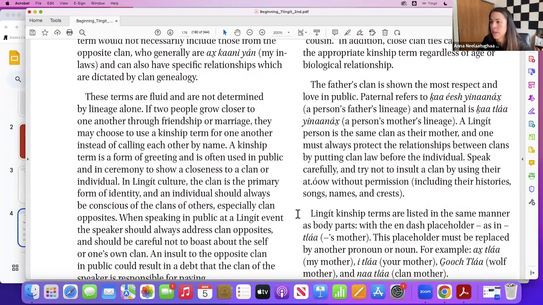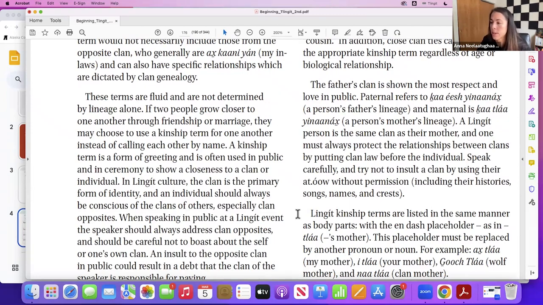These terms are fluid and are not determined by lineage alone. If two people grow closer to one another through friendship or marriage, they may choose to use a kinship term for one another instead of calling each other by name. A kinship term is a form of greeting and is often used in public and in ceremony to show a closeness to a clan or individual.